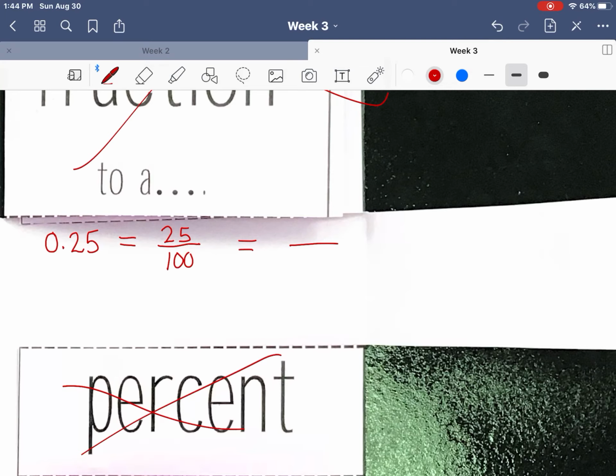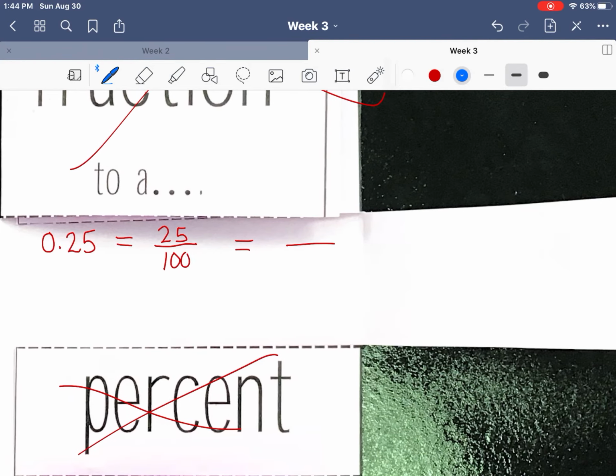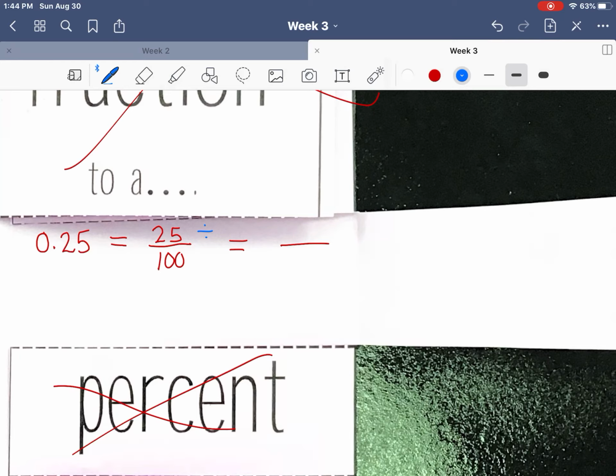So 25 has a factor of 25, and 100 also has a factor of 25. If you think about quarters, 4 quarters, 4 25-cents, make $1. So to simplify this, I can divide the top, the numerator, by 25, and the bottom, the denominator, by 25. 25 divided by 25 is 1, not 0. 100 divided by 25 is 4. So now I've magically changed the decimal 25 hundredths into the fraction 1/4.